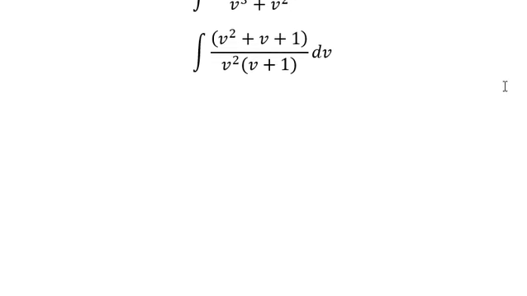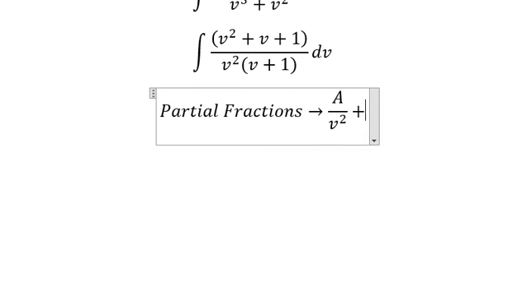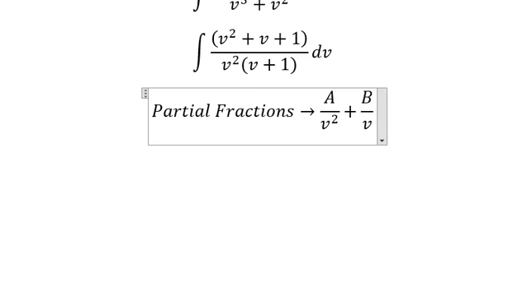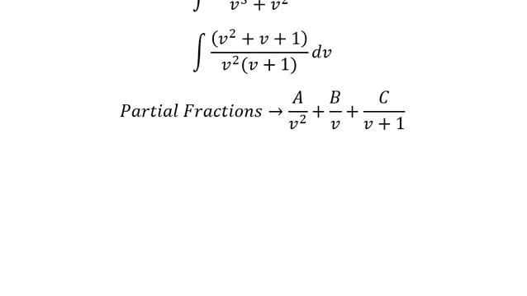Next, we need to do partial fractions. So I will put capital A over v squared, capital B over v, and capital C over v plus 1.